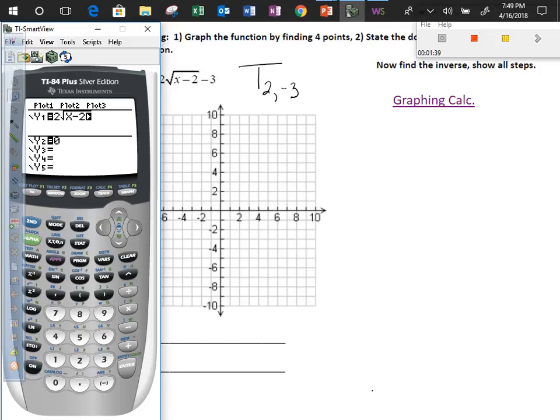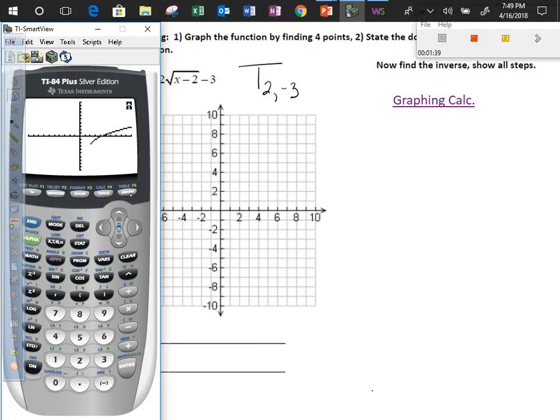Now I don't want to be under the radical anymore, so I'm going to hit the right arrow and then minus 3. So guys, I should see something that's been shifted 2 units to the right and down 3. Now, you can go ahead and hit graph and see what your graph looks like. I want you to remember though, 2 to the right and down 3, it starts right there and then goes.